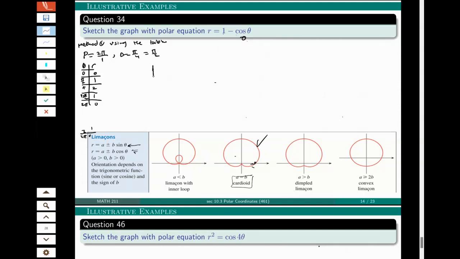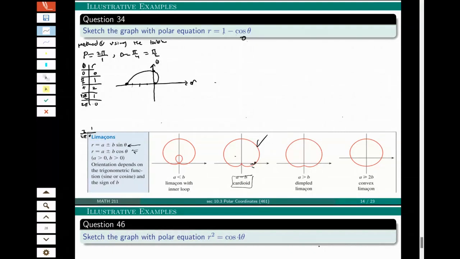So if we use the table, what does that mean? When theta is 0, this is r and theta. If theta is 0, the radius is 0. If theta is pi over 2, the radius is 1. So it goes from 0 to 1. Then at pi, this is 1, we said, this is 2, so it will go that way.